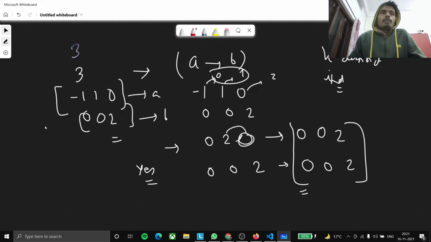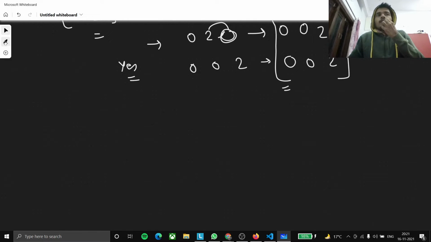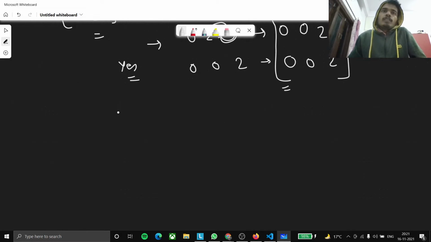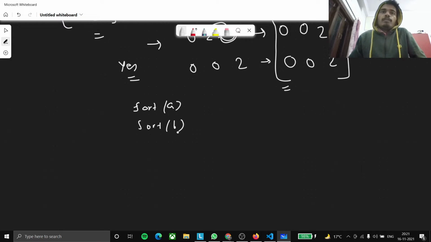So how to solve this question is quite easy, I think. We just have to first of all take the input and sort array A, and then sort array B as well.